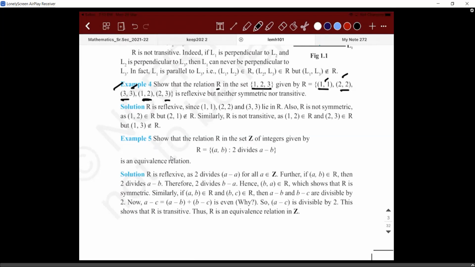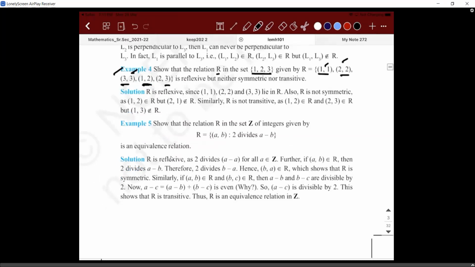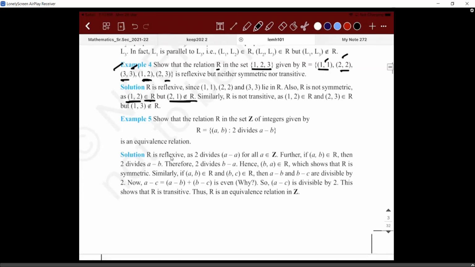You have the element 1, 2. Do you have 2, 1? You don't. Similarly, you have 2, 3. You don't have 3, 2, so it is not symmetric. That's why they told it is not symmetric. As 1, 2 belongs to R, but 2, 1 is not a part of R, you cannot call it symmetric. Similarly, R is not transitive, which I have to explain. We'll see transitive later. Understood?